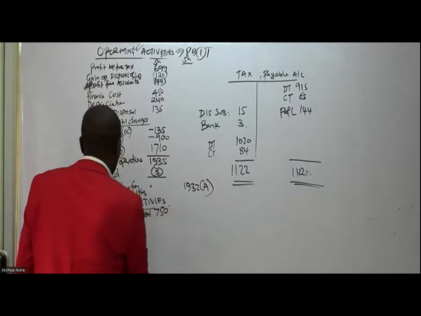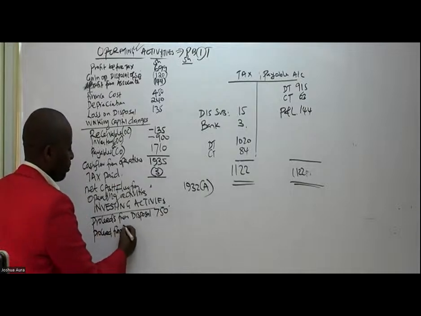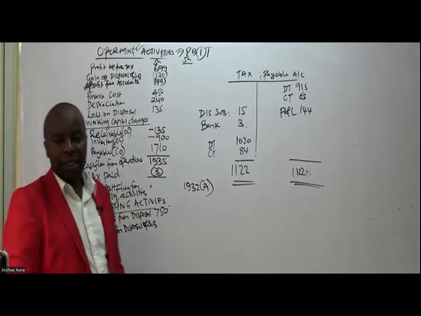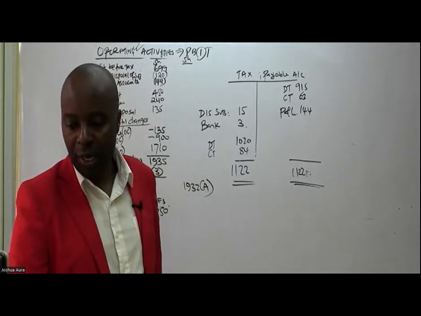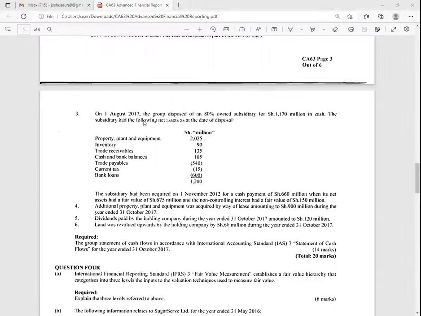Also, we have proceeds from sale of subsidiary. So we have here proceeds from disposal of our subsidiary. What do we have here? We were told somewhere here that on 1st August 2017, the group disposed of an 80% owned subsidiary for 1170 million in cash.